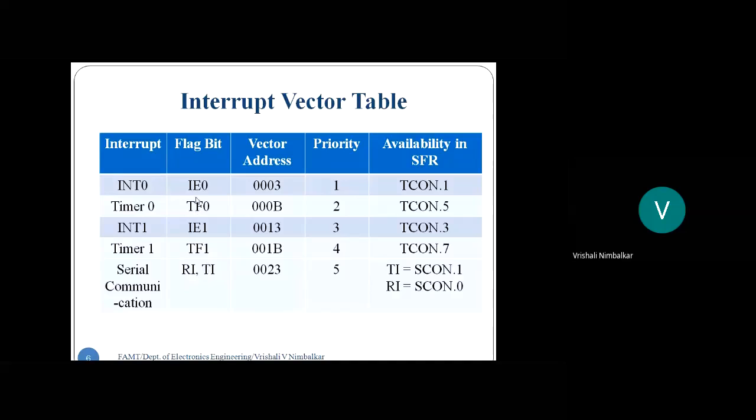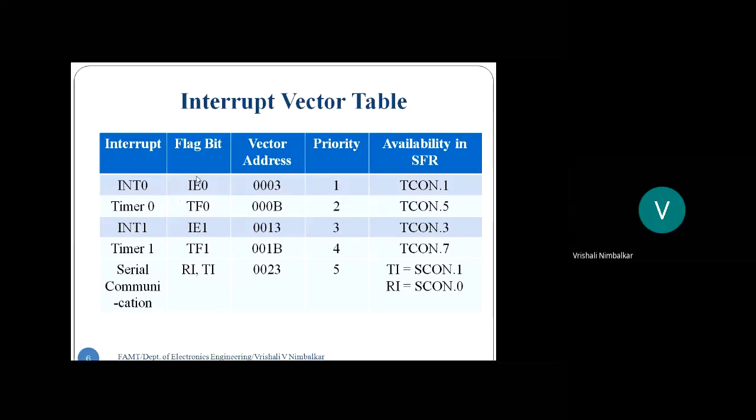Okay, now where are these flag bits available? The hardware interrupts int0, int1 and timer 0, timer 1, these 4 flags are available in the TCON register, at bits 1, 3, 5, 7. So in the TCON register, at odd number positions, you get the hardware interrupt and timer 0, timer 1 interrupt flags. And the serial communication interrupt arrival is available in the SCON register, bit 0 and bit 1.